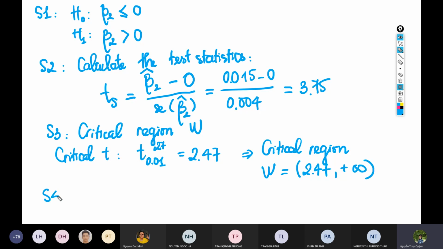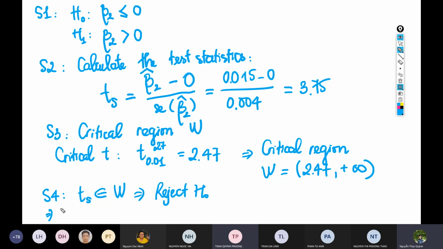Okay, so step 4. Does the observed value fall into the critical region? We have the observed value of TS, 3.75, which falls into the critical region. So we reject the null hypothesis H0, and then what is our conclusion?